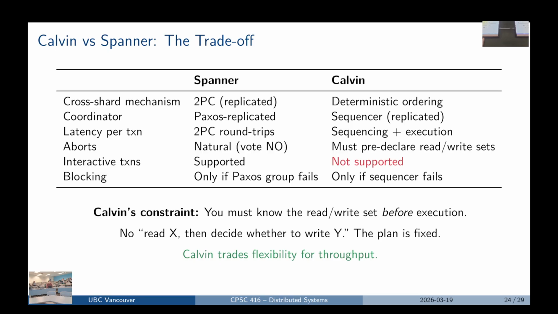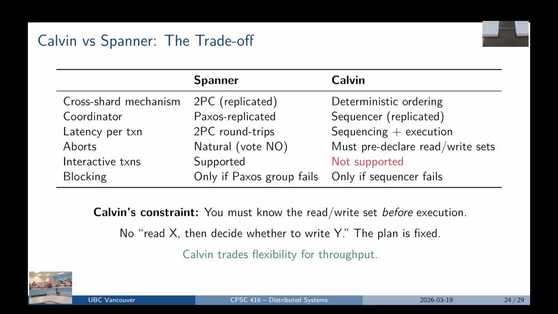So in Calvin, they had deterministic ordering. In Spanner, they have 2PC doing cross-sharding replication. In Spanner, they Paxos replicate their coordinator. Here in Calvin, they have a sequencer, which is Paxos, and of course they replicate that. The latency here per transaction is where it becomes interesting.